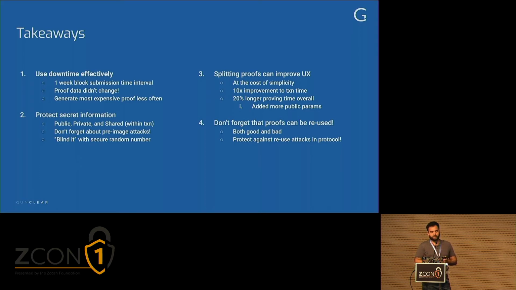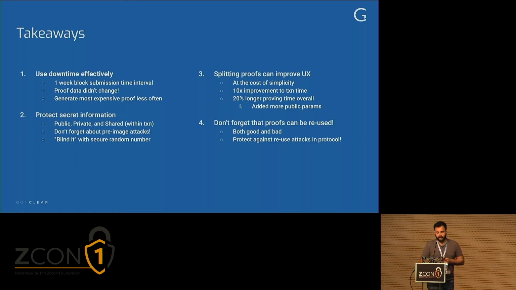It's important to map the private and shared secret information together and to map that relationship of the secret data to the public data in order to ensure that the public data is necessary and sufficient for the proof system. Don't forget about pre-image attacks. They can be used to de-anonymize participants or allow unauthorized actions within the system. You can use random numbers as blinding factors in order to mitigate that.